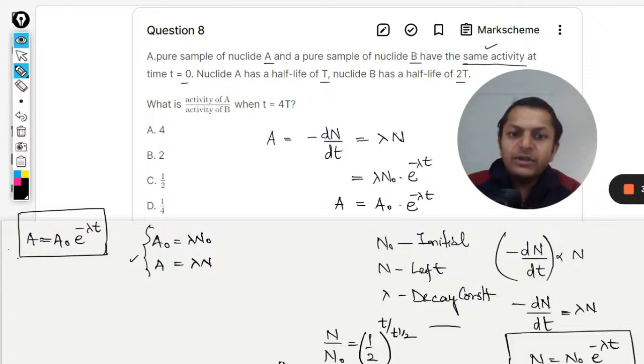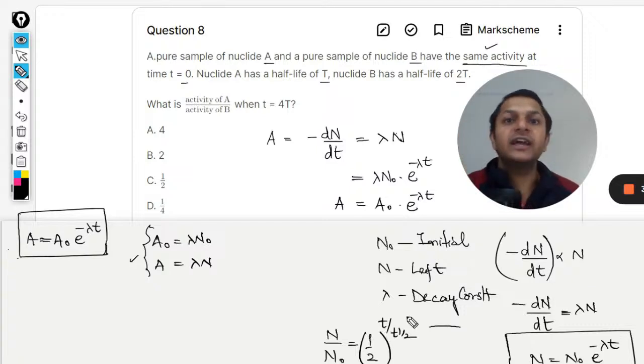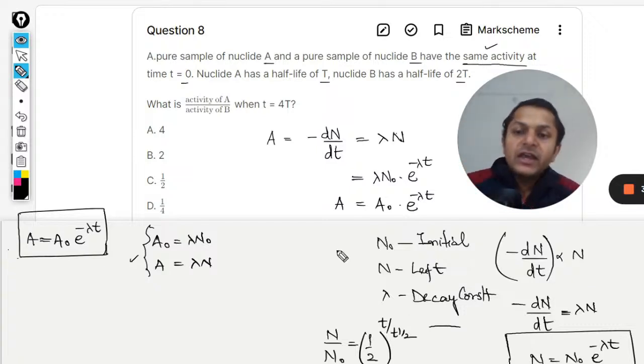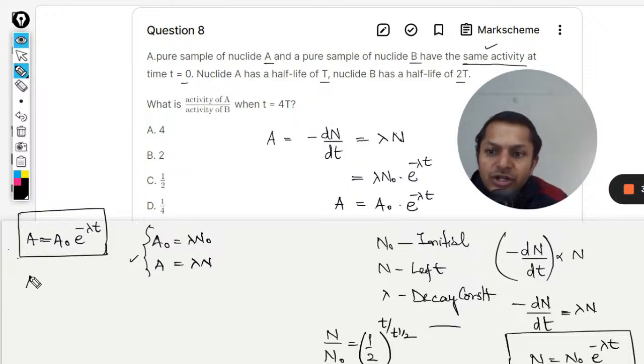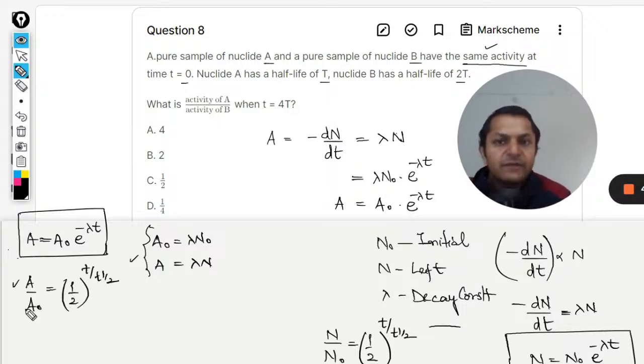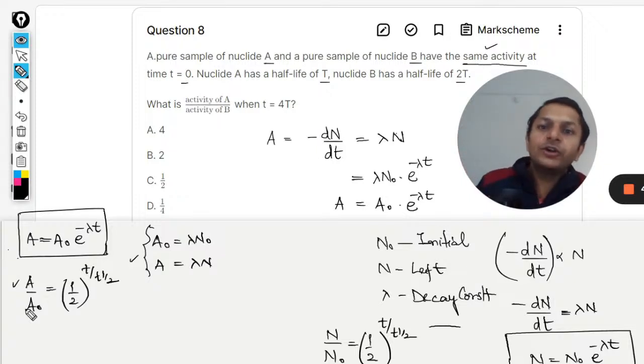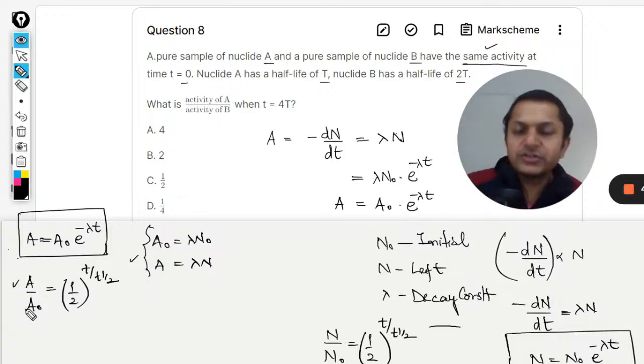This kind of formula can be used to find the number of nuclei left in the sample when you started with N naught nuclei, where t half is the half-life and t is the total time period you are talking about. The same formula can be used here, so A divided by A naught is equal to half raised to power t divided by t half. This is what we are going to use in this question.